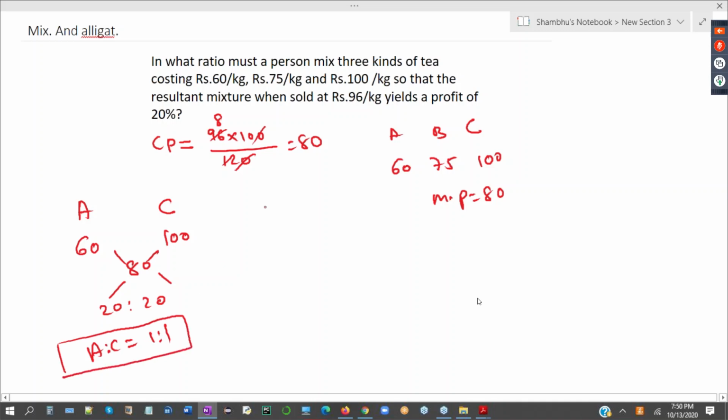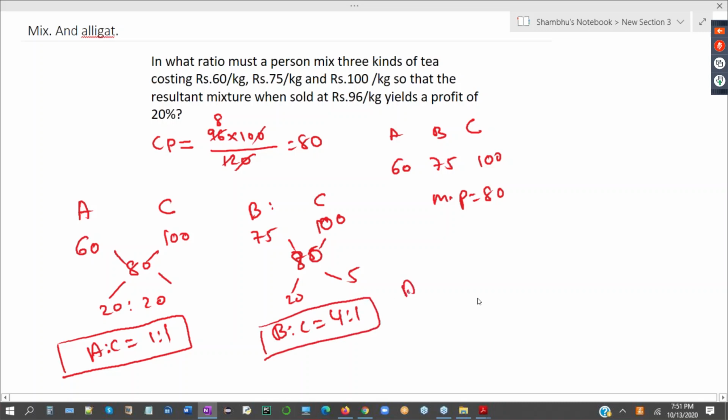The second pair will be B and C. B is 75, C is 100, mean price is 80. So 20 and 5, so B to C is 4:1. Finally, A is only once, B is 4, C is 2 times. So the answer is 1:4:2.